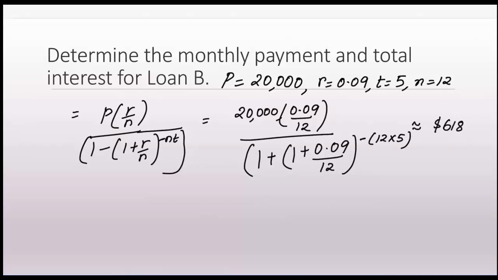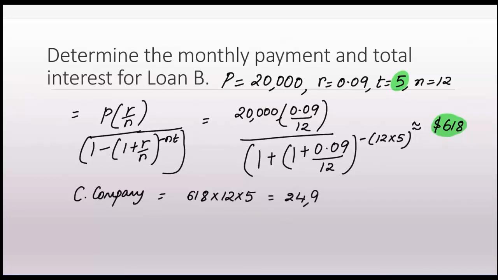So you see that the monthly payment is related to how many years you pay. Now let me see how much I pay the car company. I am paying them $618 every month for 5 years. When I plug that into Desmos, I get $24,900.